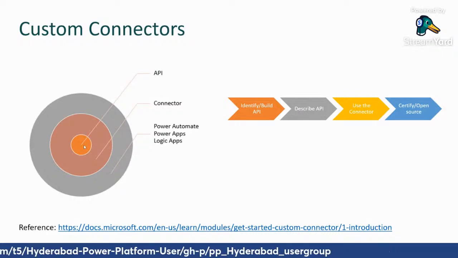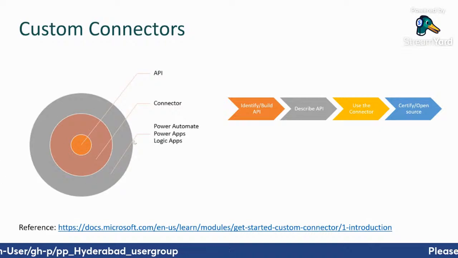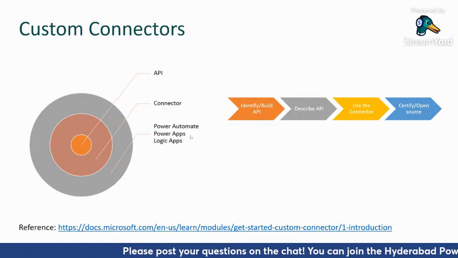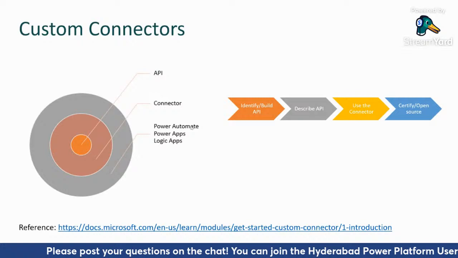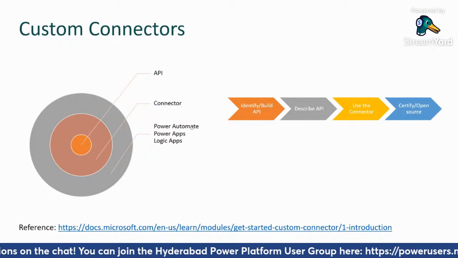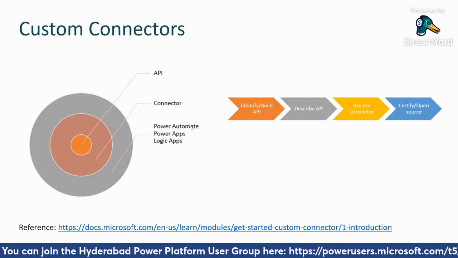So firstly, we should have the APIs available to us, and then around that we can create our connector. Once we have that connector available, it can be consumed in at least three things: Power Automate, Power Apps, as well as Logic Apps. Throughout this session, we will see how we can create those custom connectors and consume them in Power Apps and Power Automate.